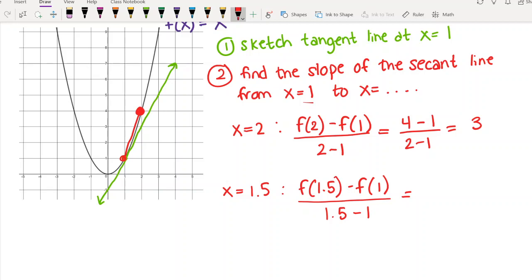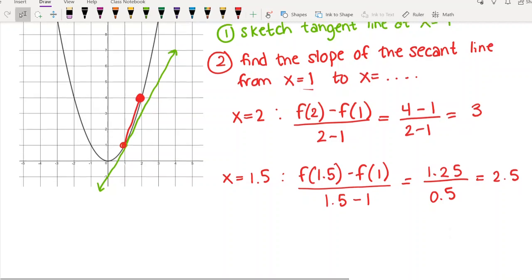So it looks like we should get 1.25 on the top and then 0.5 on the bottom. So it comes out to be 2.5. So it's a little bit smaller than the slope of what we started with, right? Because, if you think about it, and I'm not going to draw it here, just visualize what that line would look like. It would be a little bit less steep because the second point is a little less high up.